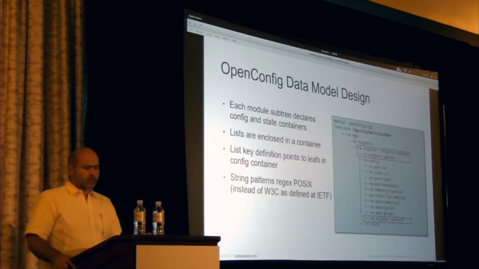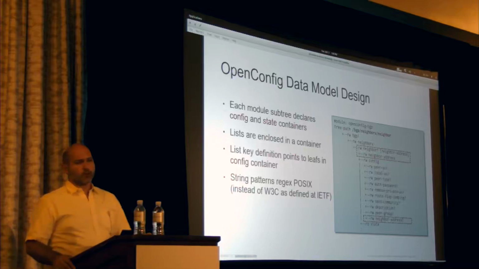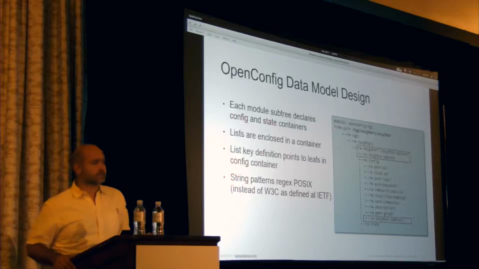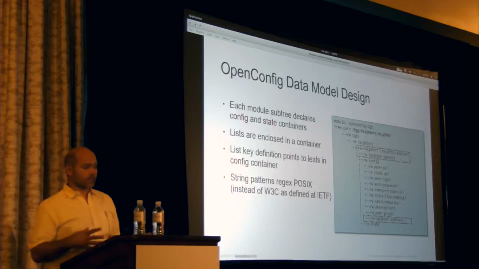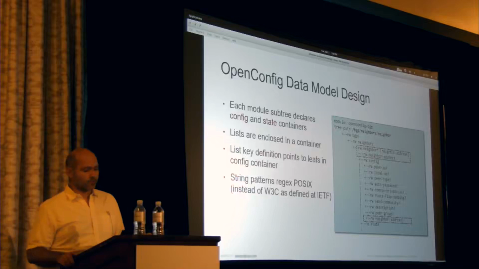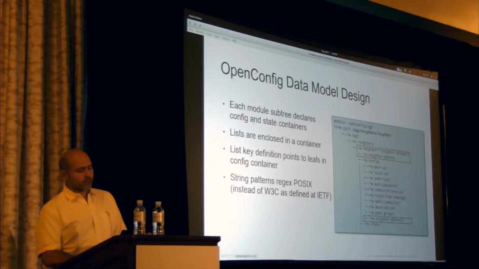So let's look a little bit more in detail at how the models are designed. I mentioned models have both configuration and state in the same model, and a design pattern that they use is to declare all the configuration under a config container and define all the state under a state container.